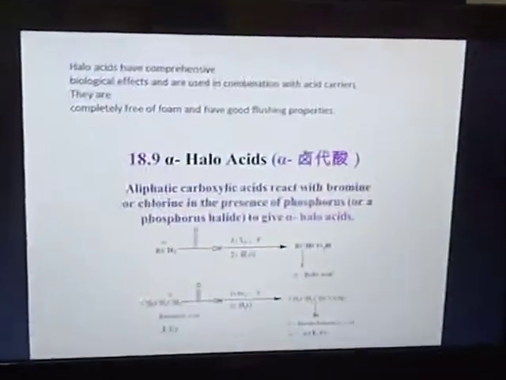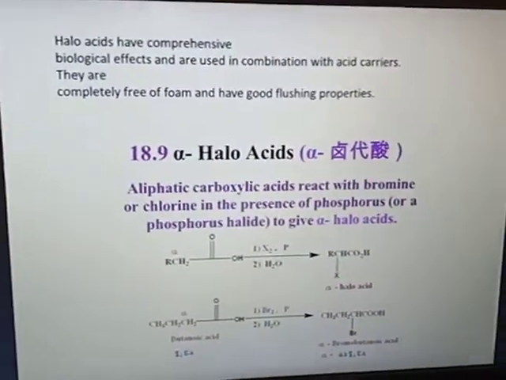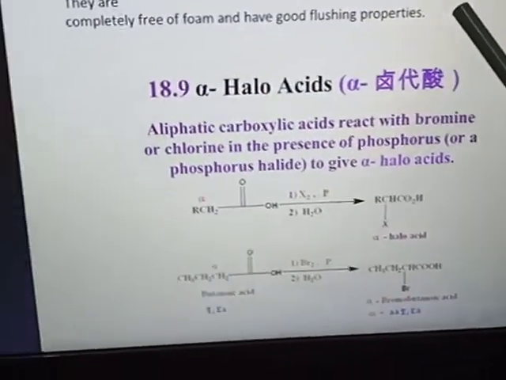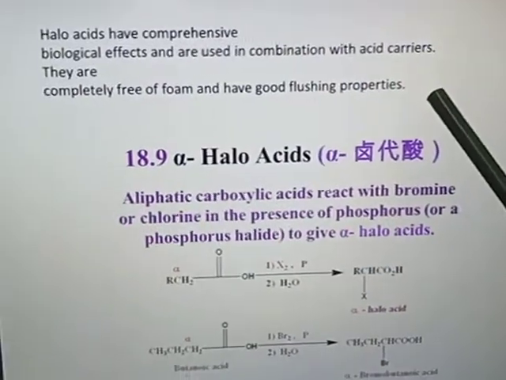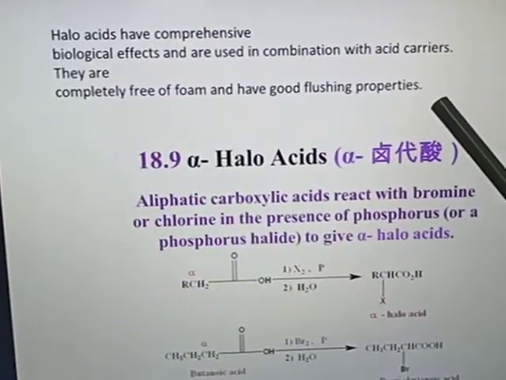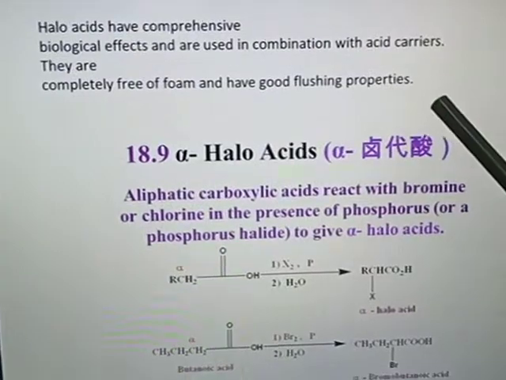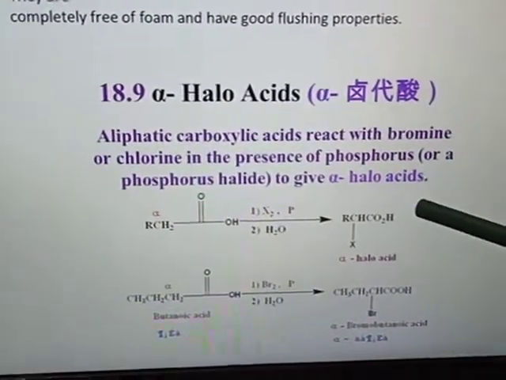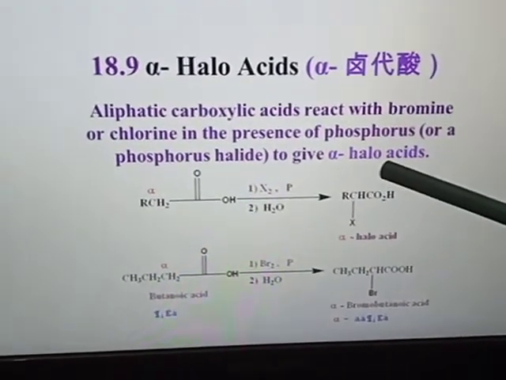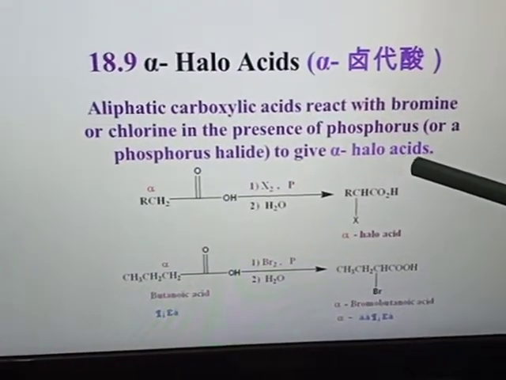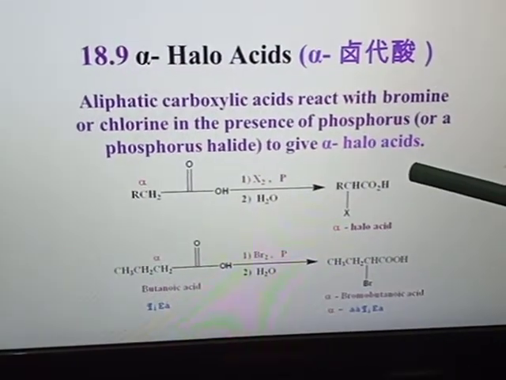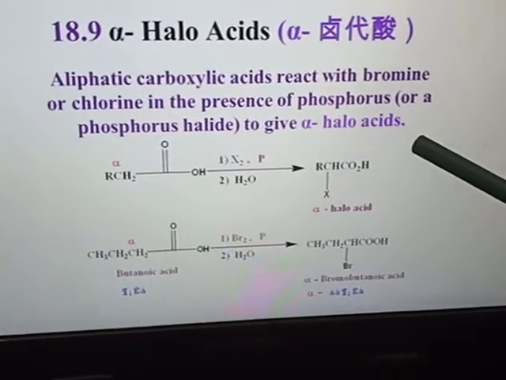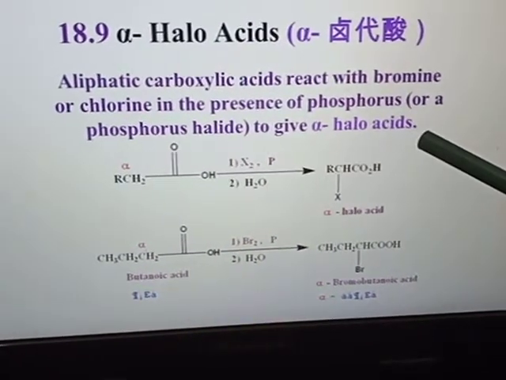Halo acids have comprehensive biological effects and are used in combination with acid carriers. They are completely free of foam and have good flushing properties. So alpha halo acid is a chemical. An aliphatic carboxylic acid reacts with bromine or chlorine in the presence of phosphorus or a phosphorus halide to give alpha halo acids.